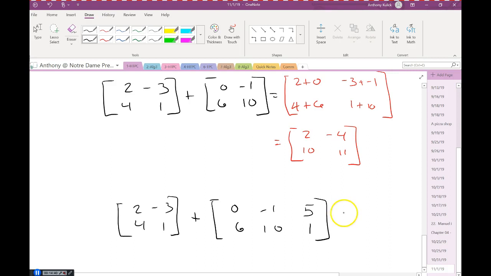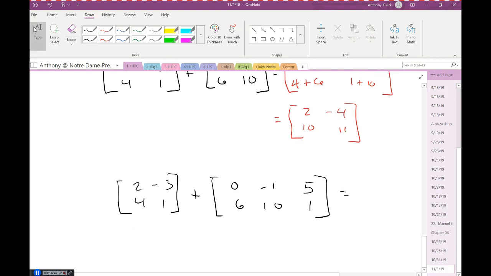What if I wanted to add these two matrices together? Does this make sense?